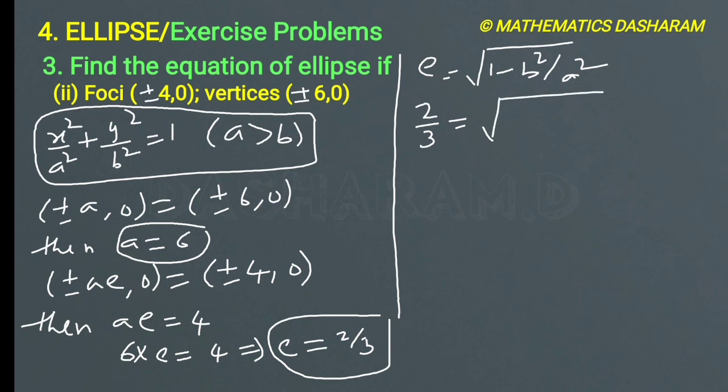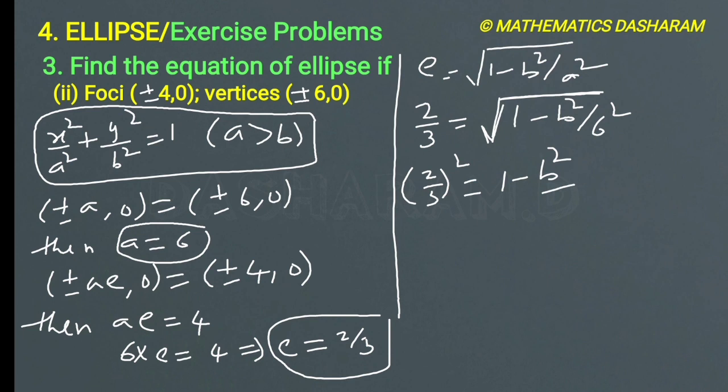So under root 1 minus b square, b value is required, a square 6 square. Now the square root transposes to the left side, then it will become square. So then 1 minus b square divided by 6 square is 36. So 2 square 4, 3 square 9. Here 36 is the LCM. So 36 minus b square. 9 ones are 9, 9 fours are 36.